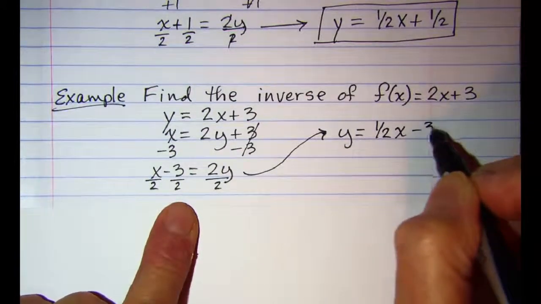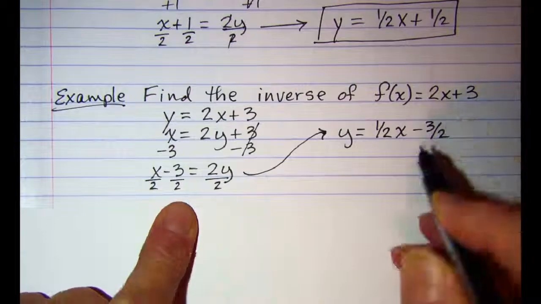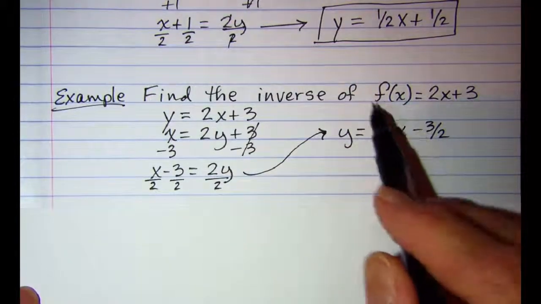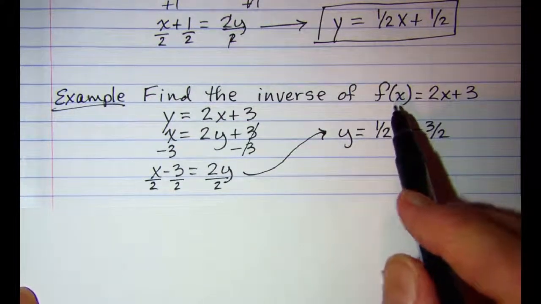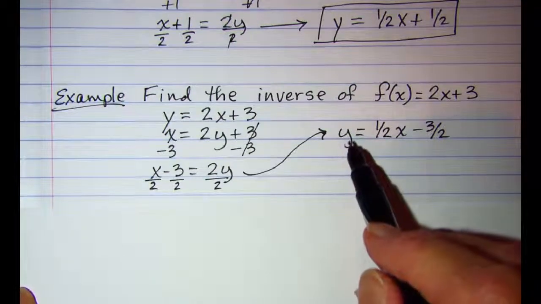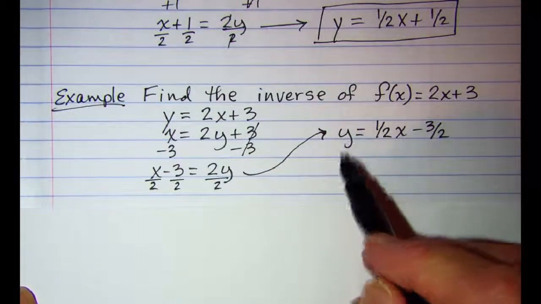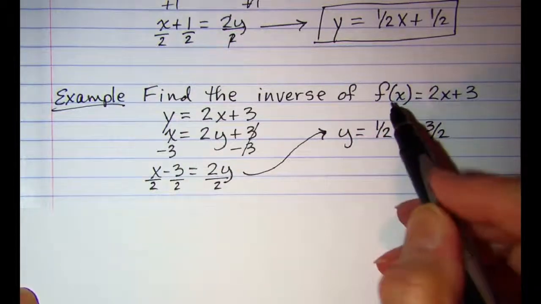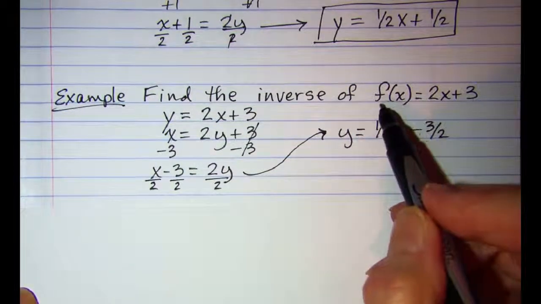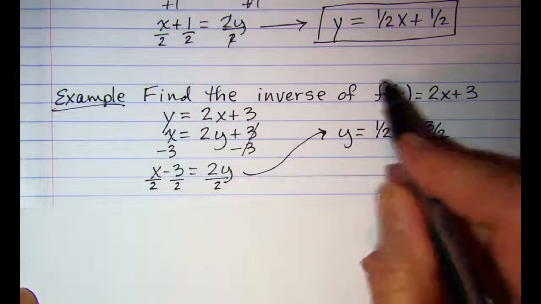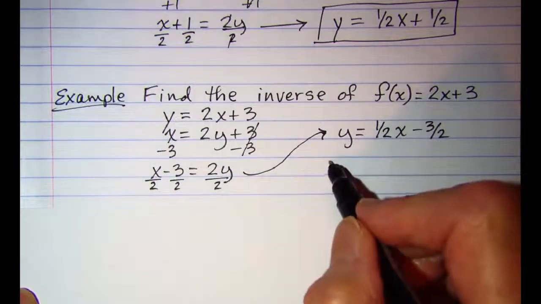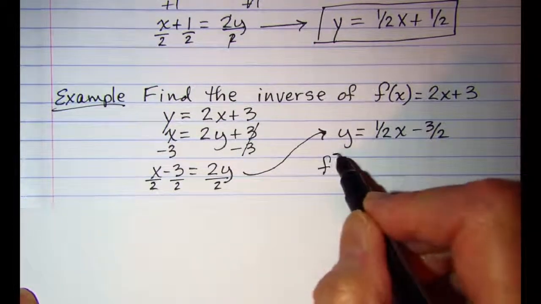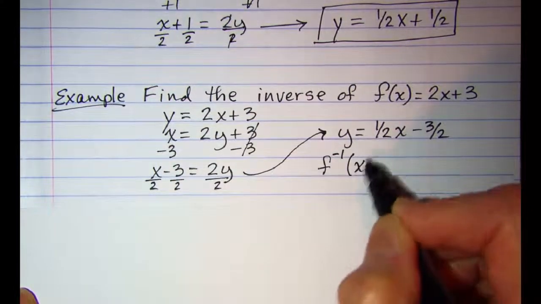minus 3/2. Now since our original function was written with function notation, we should write our inverse with function notation also. The notation that we use for an inverse is whatever the name of the function is. This one's f of x. The inverse will be f inverse x.